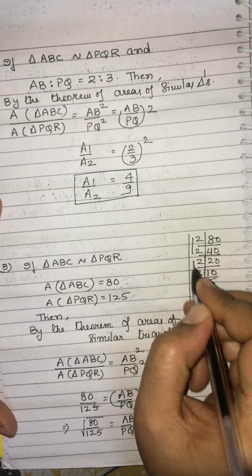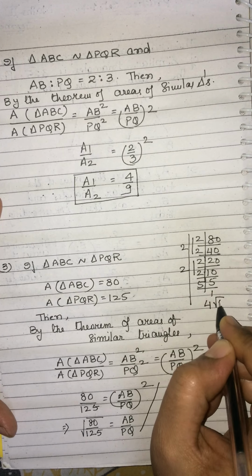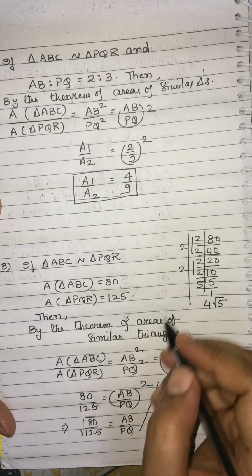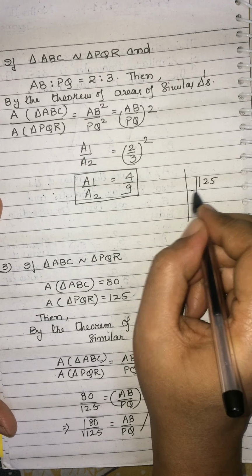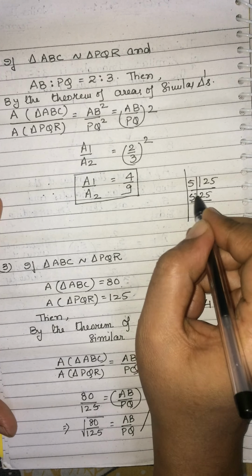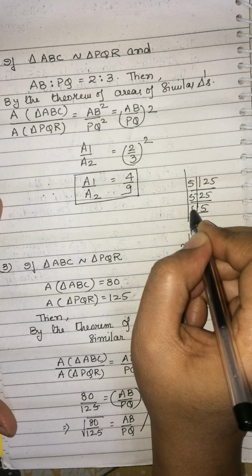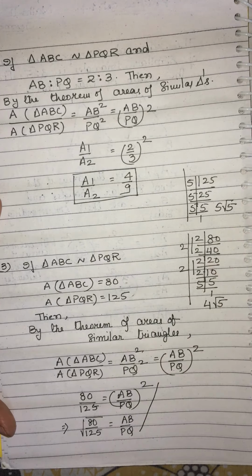So the pairs 2, 2 will give you 4 root 5, and for 125 in a similar manner, you will get 5 root 5.